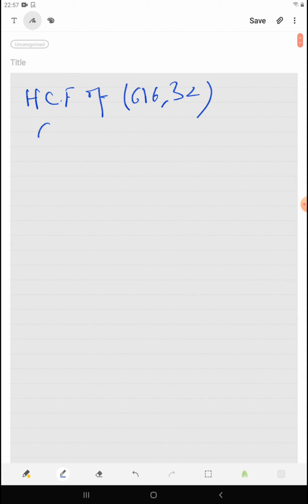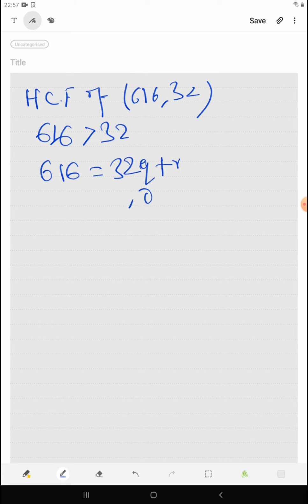As you can see, 616 is greater than 32. So I need to represent 616 in the form 32q plus r, where 0 is less than or equal to r, which is less than 32.